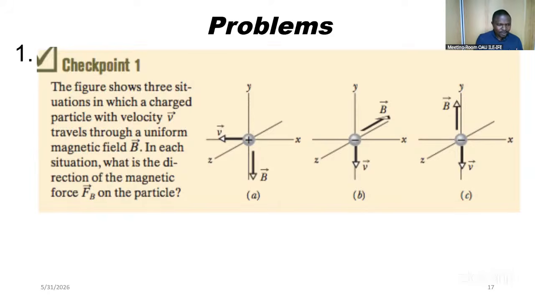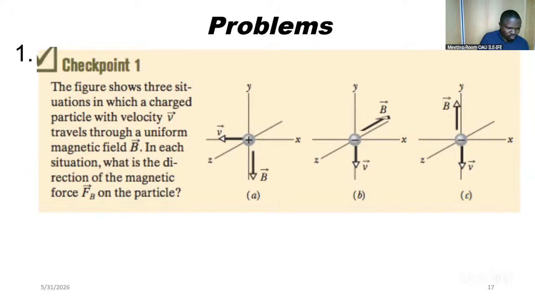In each situation, what is the direction of the magnetic force on the particle? If you look at the first one, we can see the velocity of the particle is toward the negative side of the x-axis, and the magnetic field is going towards what? Towards the negative side of y.